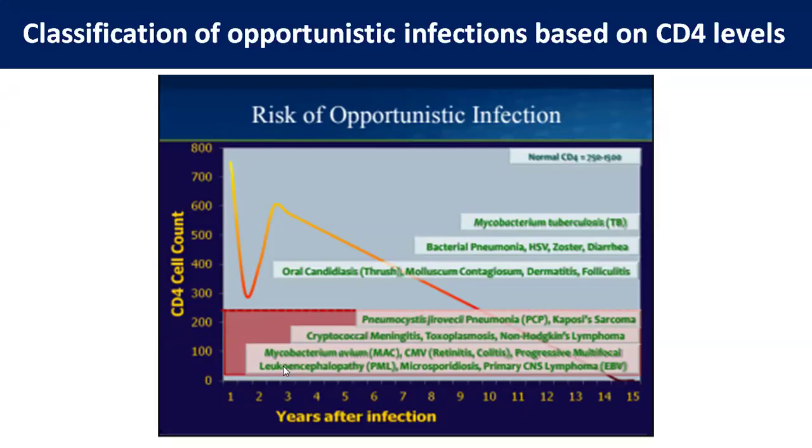Then around 200 or below 200 is PCP pneumonia, Kaposi sarcoma, cryptococcal meningitis, toxoplasmosis, non-Hodgkin's lymphoma. Primarily, all the CNS manifestations and infections are vulnerable if the CD4 counts are less than 200.